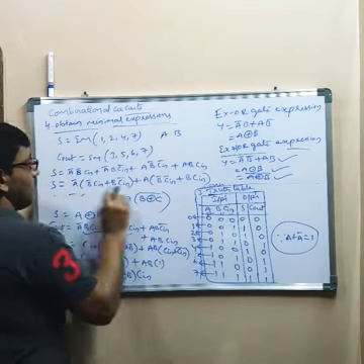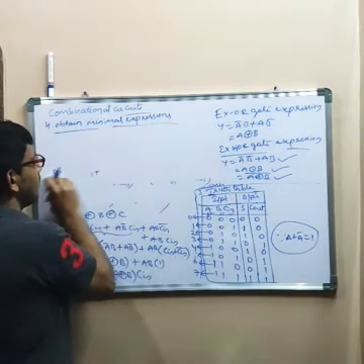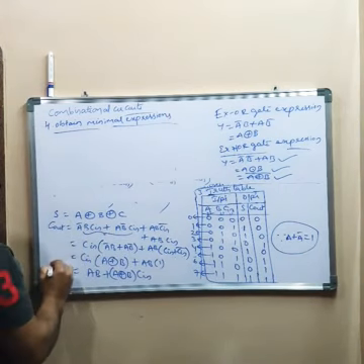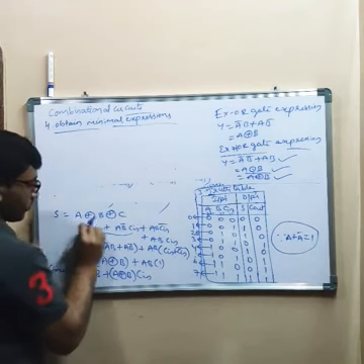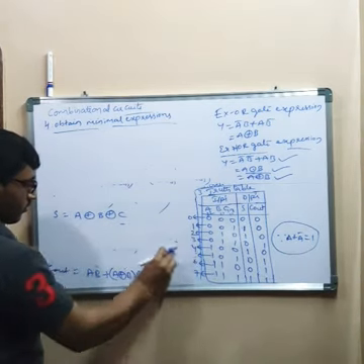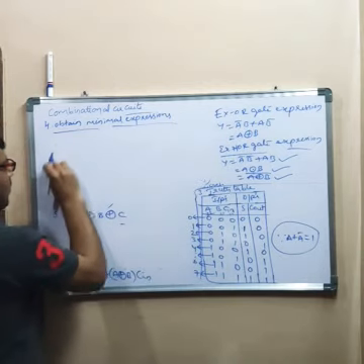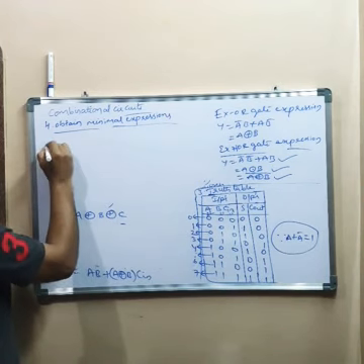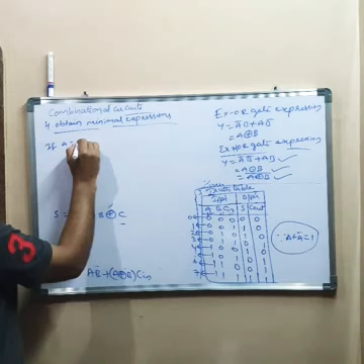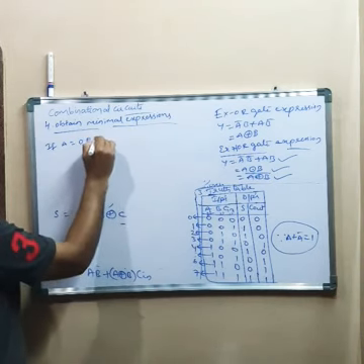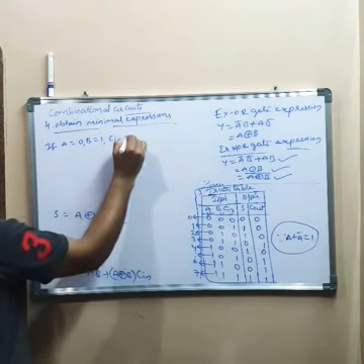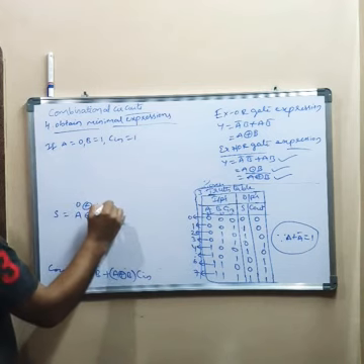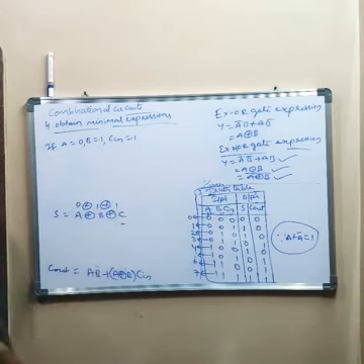I will erase this and put only the expressions. For the sum, if A is equal to 0, B is equal to 1, C in is equal to 1, substitute in 0 XOR 1 XOR 1.